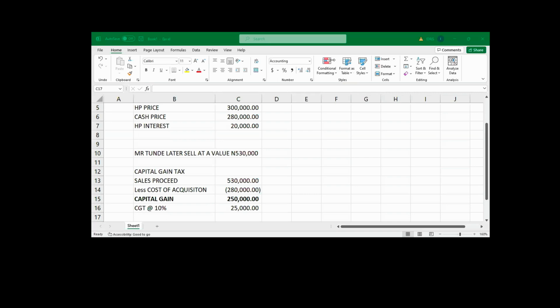That is the capital gain tax. That means Mr. Tunde bought the asset at 300,000, but when we are calculating the cost of acquisition, we only need the cash price. We don't need any other one other than the cash price.